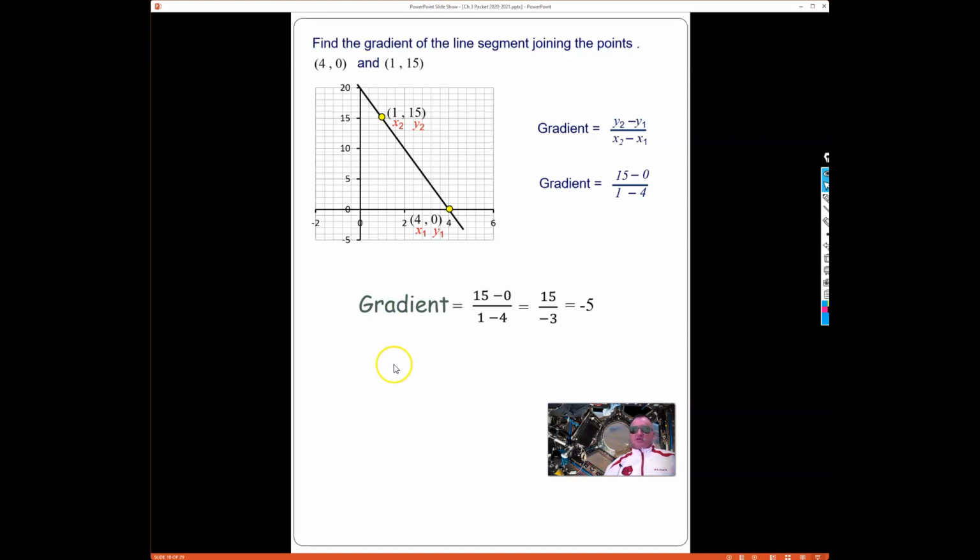So this has a gradient, or slope, of -5. That would mean the vertical changes 5 downward, it decreases 5 for every 1 unit to the right, or 1 unit in the horizontal direction.